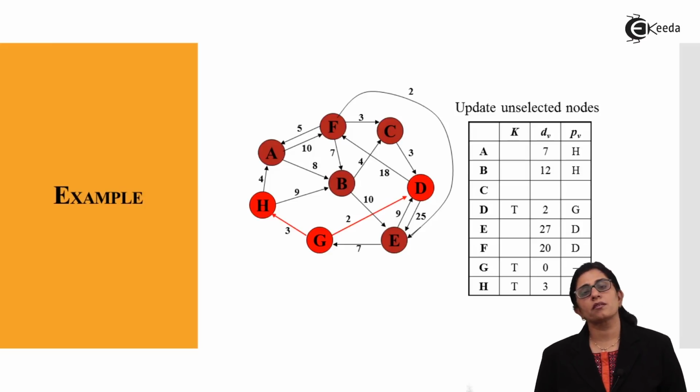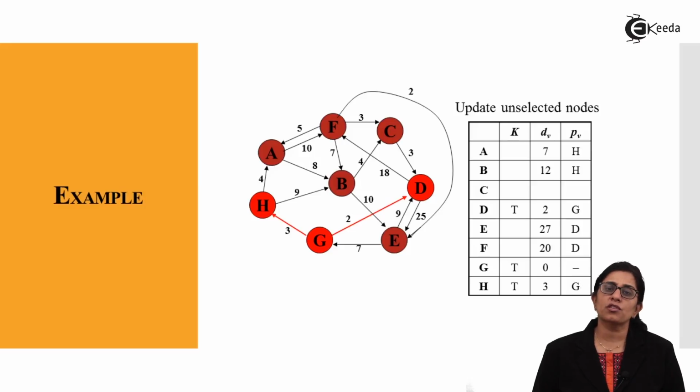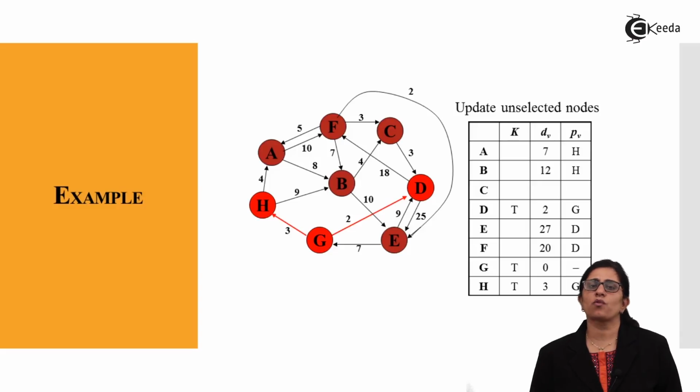So 3 plus 4 is 7. So to reach the node A, the distance travelled is 7, and the previous vertex from where it has travelled is H.